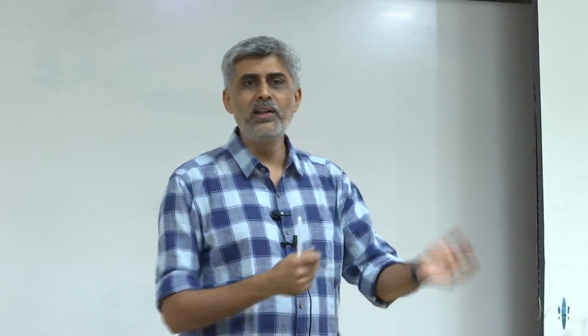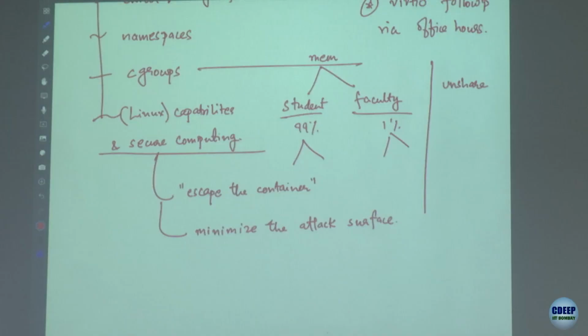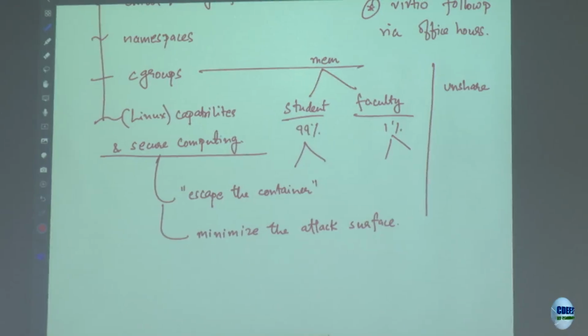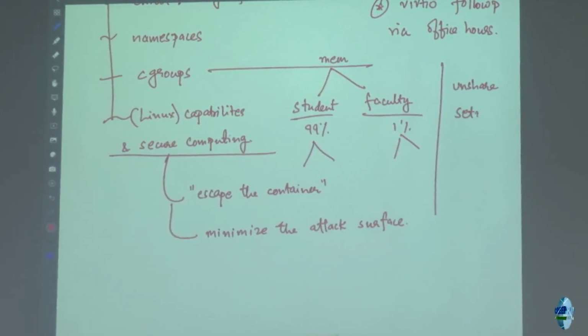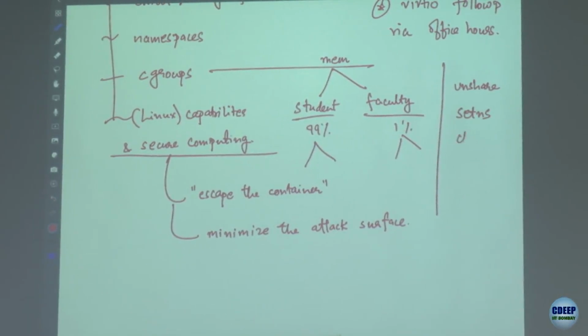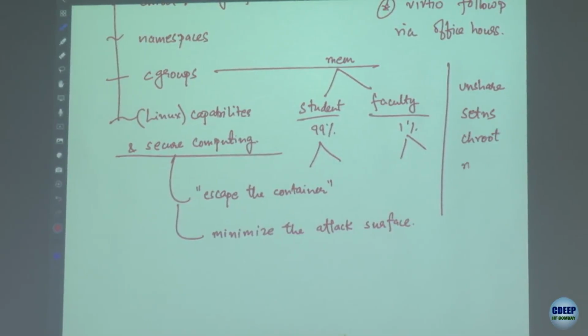So for example, if you somehow can mount a new file system, or run chroot and change your root file system to something else, or add yourself to somebody else's namespace, right? Because we've seen that all of these are basically system calls. So for example, if you want to create a new namespace, you use unshare. If you want to switch your namespace, you use setns. If you want to change, either you do chroot or you do mount.